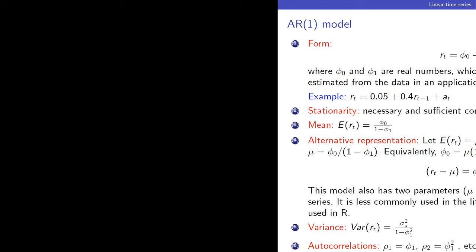Rho sub k is phi sub 1 to the power of k, and here is where you see why stationarity depends on that absolute value being smaller than 1, because when you raise this number, which is between minus 1 and 1, to greater and greater powers, this goes to 0 pretty fast. But if this is greater or equal to 1 in absolute value, this can go to infinity, so we have potentially infinite autocorrelations.